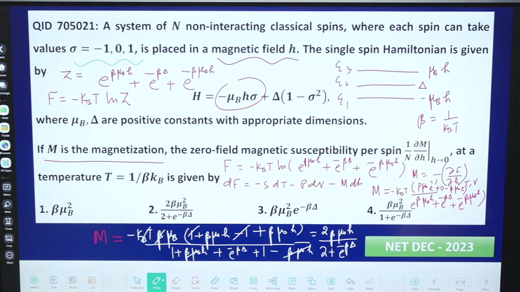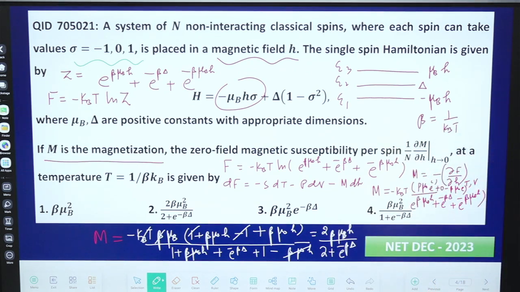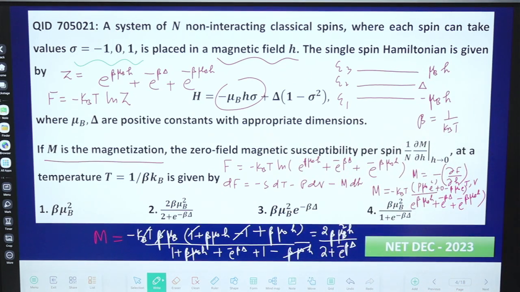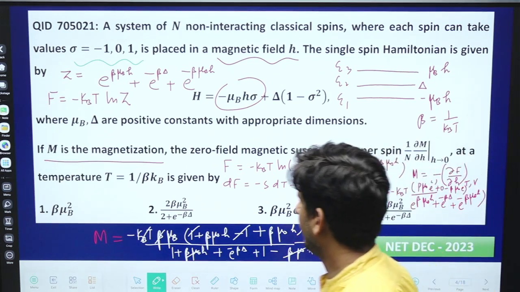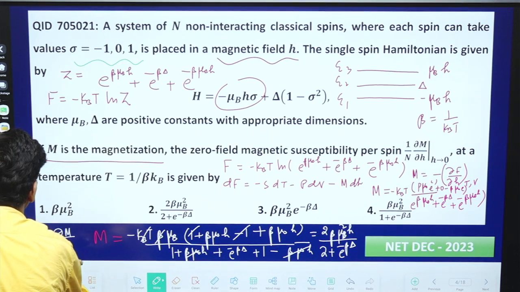So 2 beta mu_B H upon 2 plus e to the power minus beta delta, and mu_B will become mu_B squared also. So M is 2 beta mu_B squared H upon 2 plus e to the power minus beta delta. Correct? Now as a last step, chi is equal to del M by del H by definition.